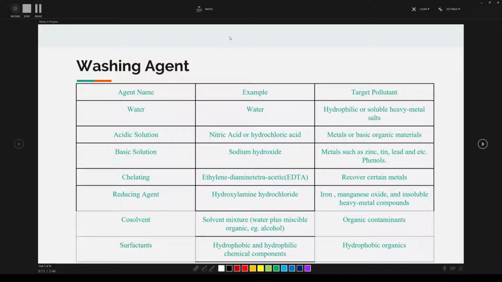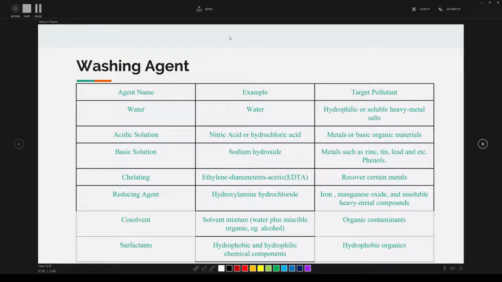Everybody knows it, the water. Water can be used to treat hydrophilic or soluble heavy metal salts. The metal will dissolve in the water, and the water will be extracted to the above-ground wastewater treatment facilities, and then recycled back into the operation.